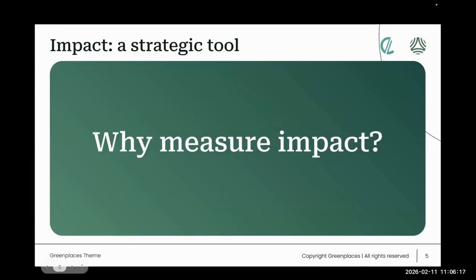So, first things first, why measure impact? We'll start here with the foundational question, why does this even matter in the first place? Both why do we think it's important that you do this, but also why might you be on this webinar in the first place, pursuing LCAs, trying to gain more data. And I think the short answer here is definitely that it's shifted from a nice to have to a competitive necessity.